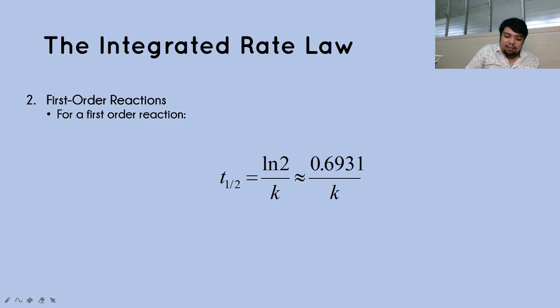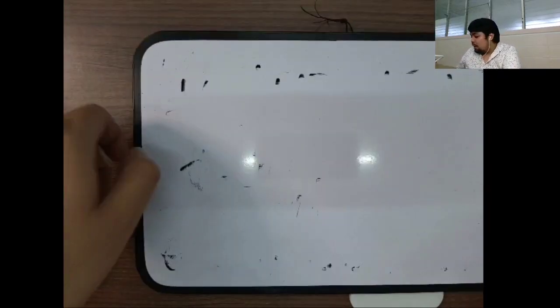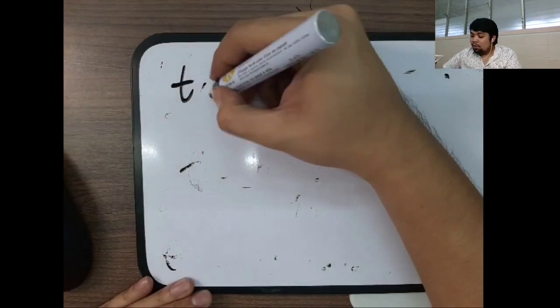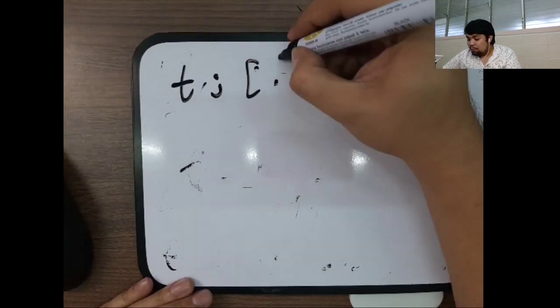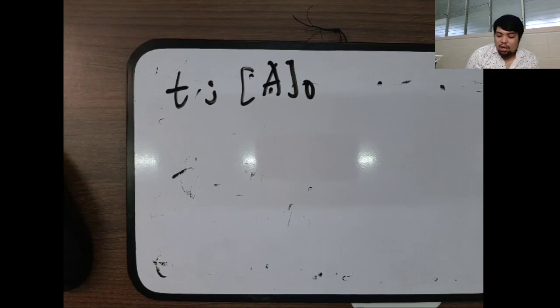Now, this is pretty easy if you're already given the half-life. What if you're not? Let's say you're just given a certain amount of time, which is time t, and you've already determined the initial reactant concentration.